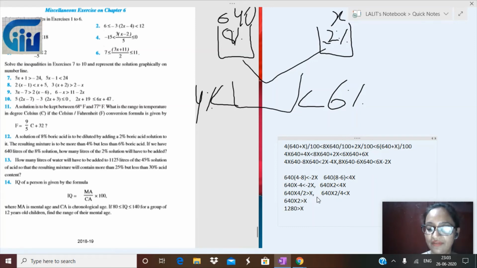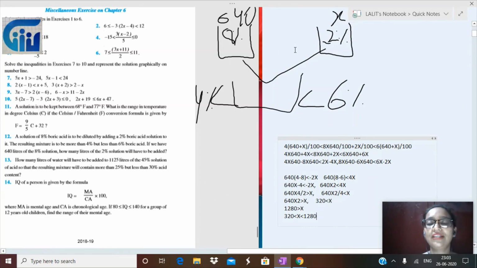So this will be 640 divided by 2, that will be 320 is strictly less than x. So what does it mean? If I conclude my final answer, it means 320 is strictly less than x is strictly less than 1280. The question was how many liters? So it means we have to take the 2% solution of acid between 320 to 1280 liters, right?